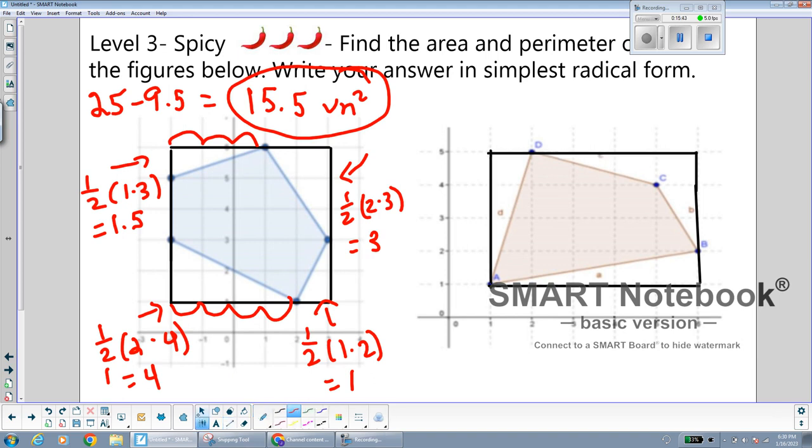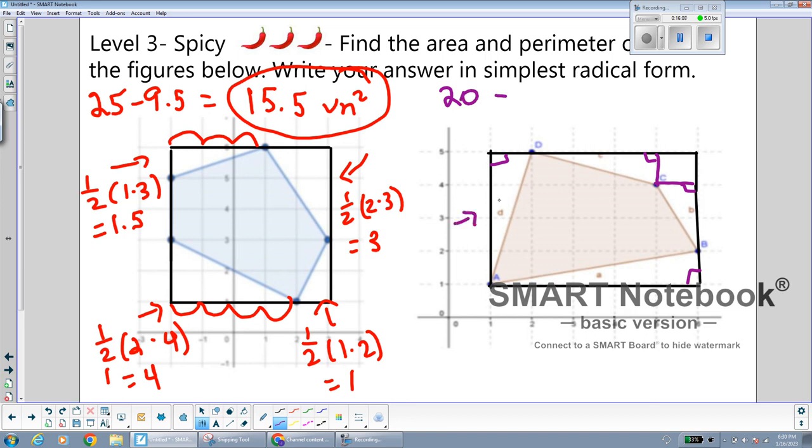And notice over here, I can break that down into 2 right triangles and a square. So I have a total of 4 right triangles here. That works. So the whole thing is 1, 2, 3, 4, 5 by 1, 2, 3, 4. So that's 20. 5 by 4 is 20.